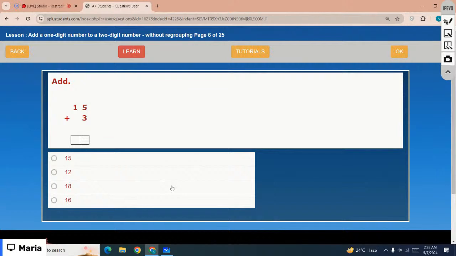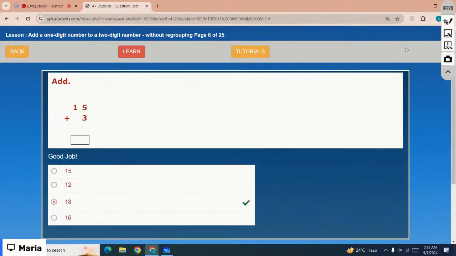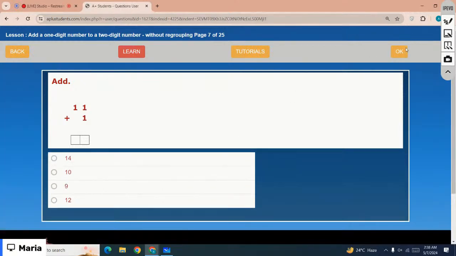The correct option is 18. 11 plus 1, which is the correct option?